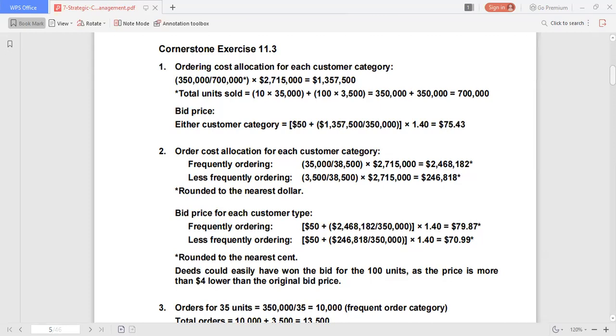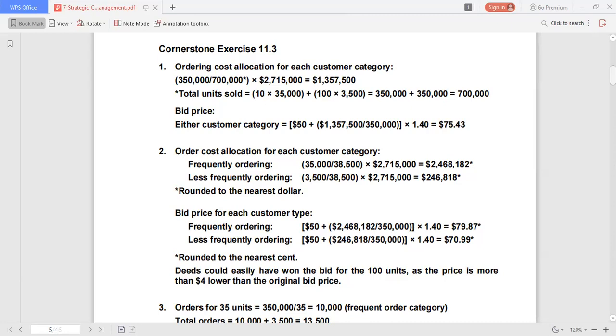Okay, what if Deeds offers a discount for orders of 35 units or more to the frequently ordering customers? Assume that all frequently ordering customers can and do take advantage of this offer at the minimum level possible.